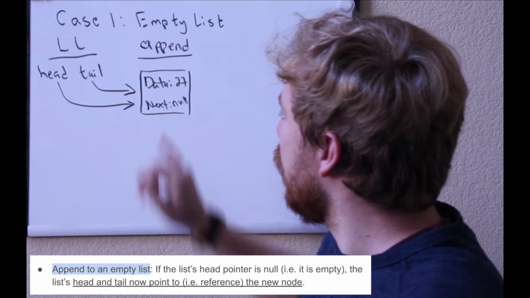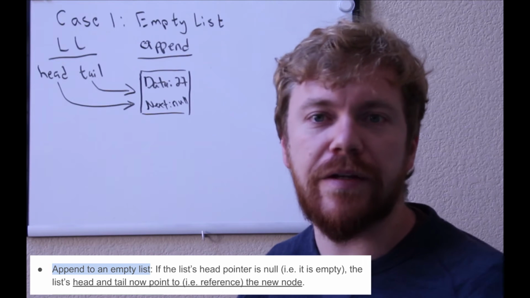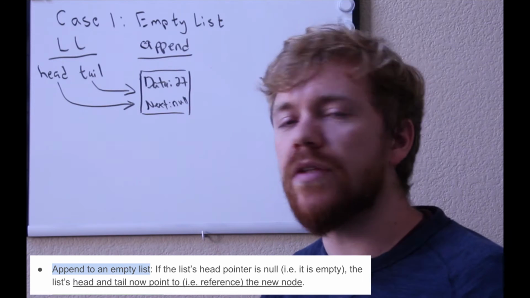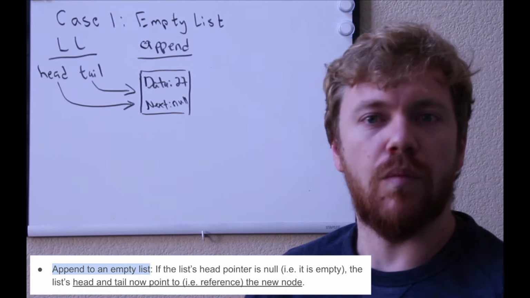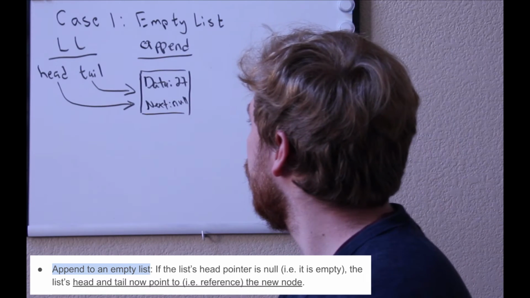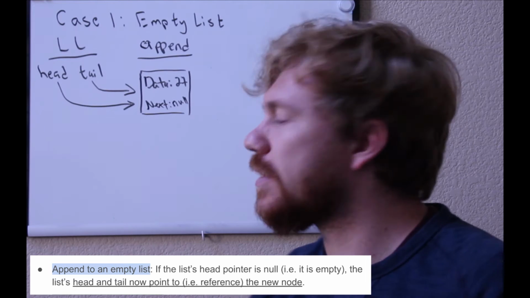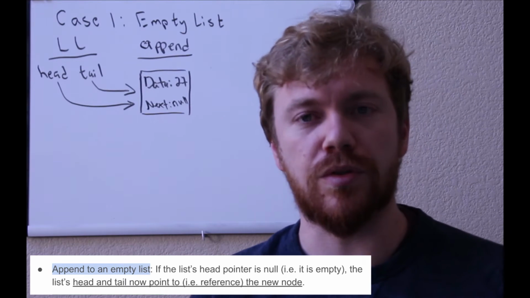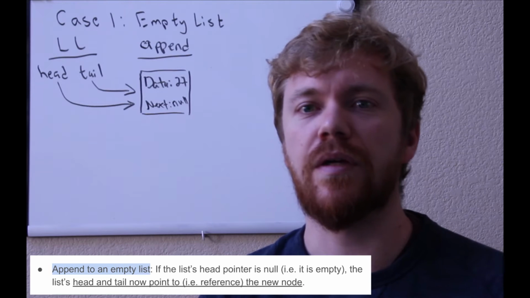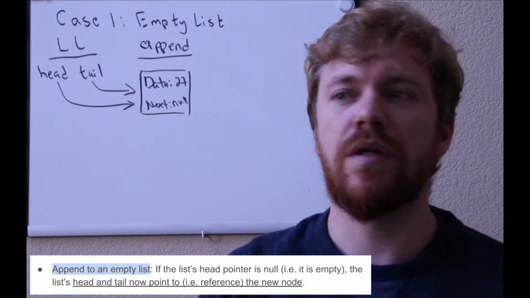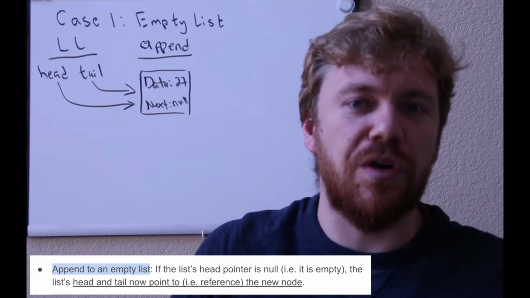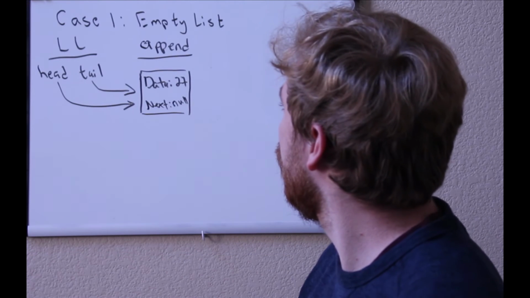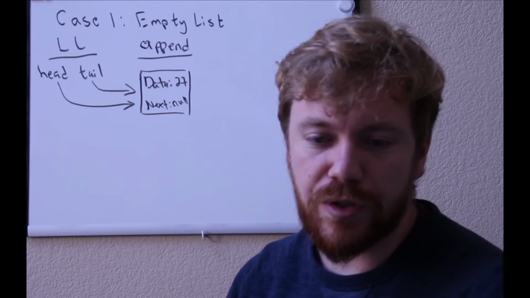And so this node is now both the head and the tail, which means that the list only contains a single item, one node. Now the next variable inside of this single node still remains null because there's nothing for it to point to. Since it is only one node, there's not a second node for it to point to. And this is a pretty trivial case.